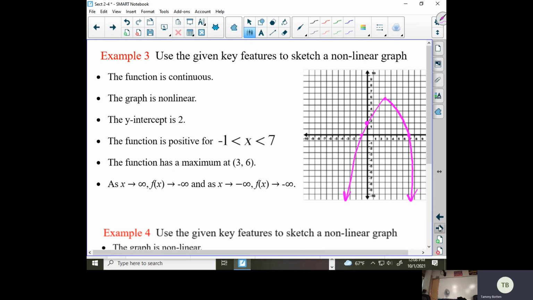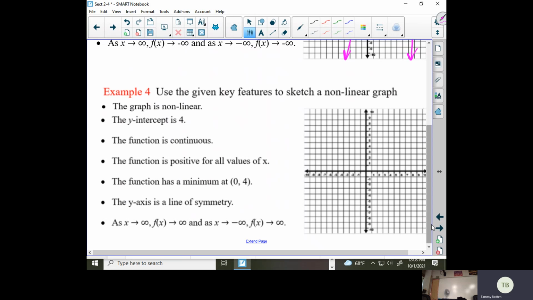Okay. As far as where you draw these 2, you just guess. So this has to go through at -1. This has to go through at x equals 7. But down here, you're not really sure how wide it's going to be, so you just kind of guess. Okay.